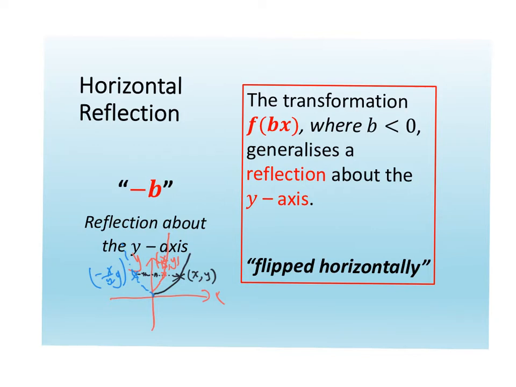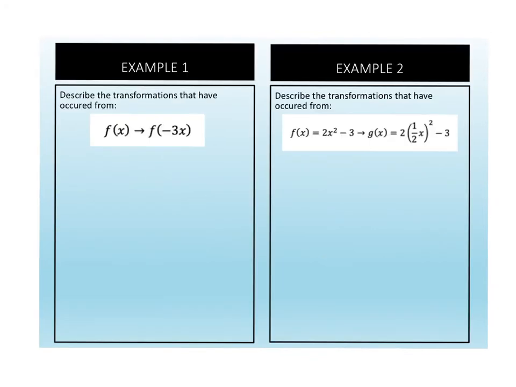So later I'll do some examples. So here, if we are asked to describe the transformation that has occurred from f(x) to f(-3x), first, you know that this is actually dilation, dilating by a factor of 1/3.